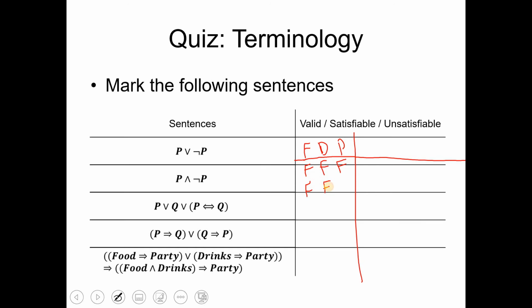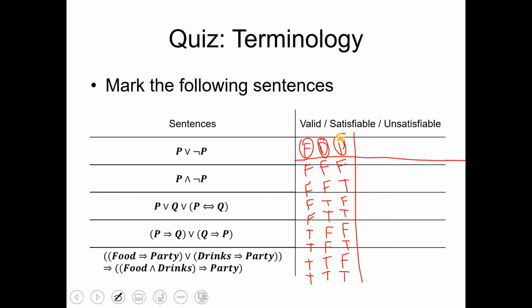What are the possibilities? False, true, false. So how many possibilities will you have? Yes, 2 power 3, which is 8. So false, true, true, and true, false, false, and true, false, true, true, true and false, and true and true and true. This is for the 3 things I have written in abbreviation: food, drink, party.